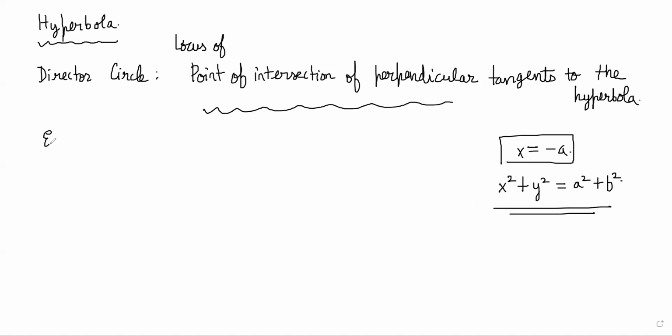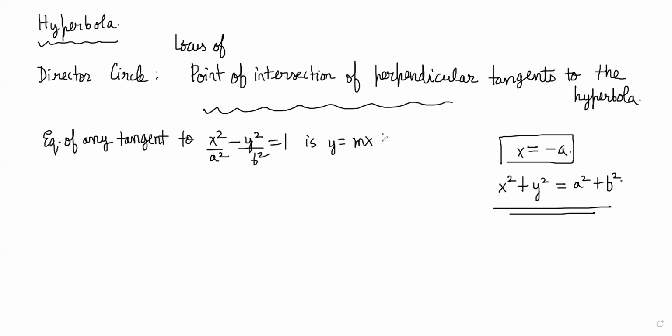So equation of any tangent to the standard hyperbola x square by a square minus y square by b square equals to 1 is y is equal to mx plus minus root over a square m square minus b square. So there are two tangents with the same slope m.